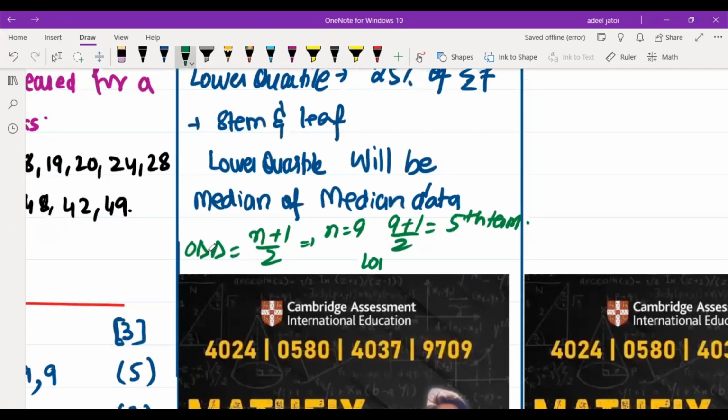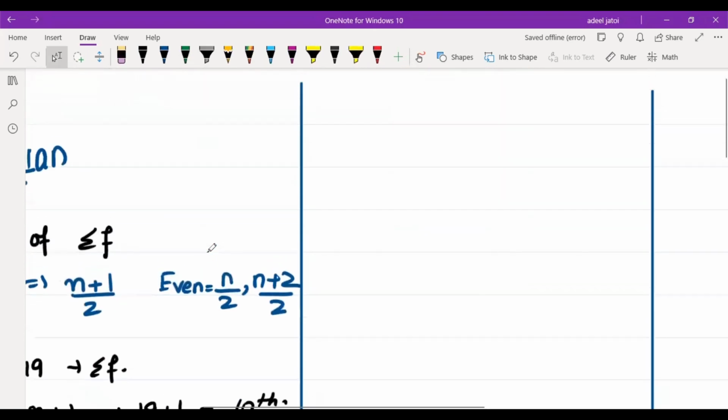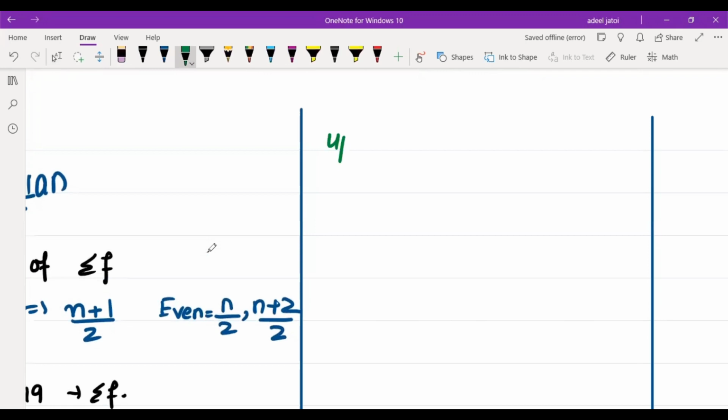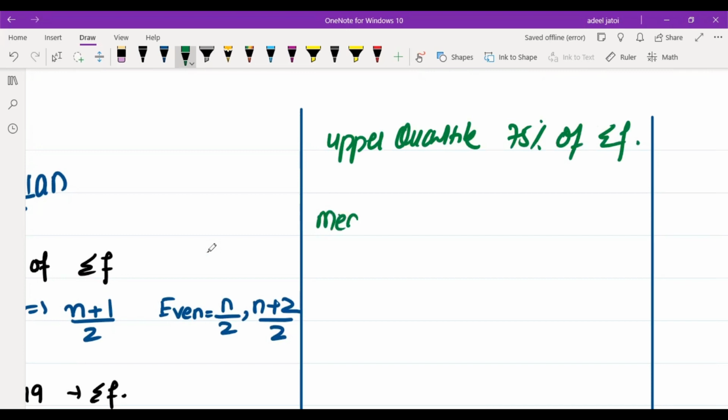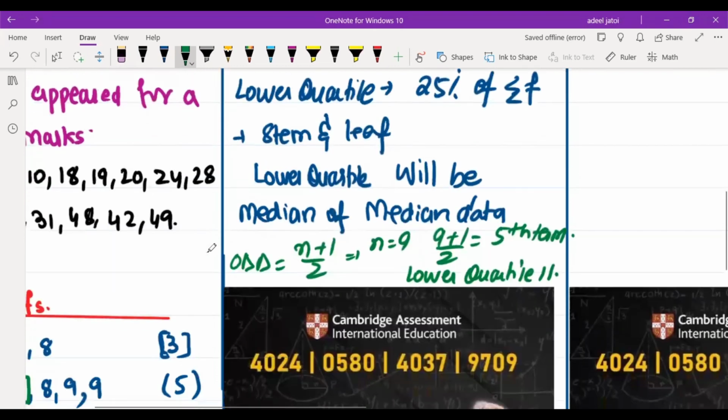So lower quartile is 11. Then your upper quartile. Basically upper quartile is 75% of summation of F. But again, it is the median of the data after the median, which means we will be counting the numbers after the median to know the nth value.